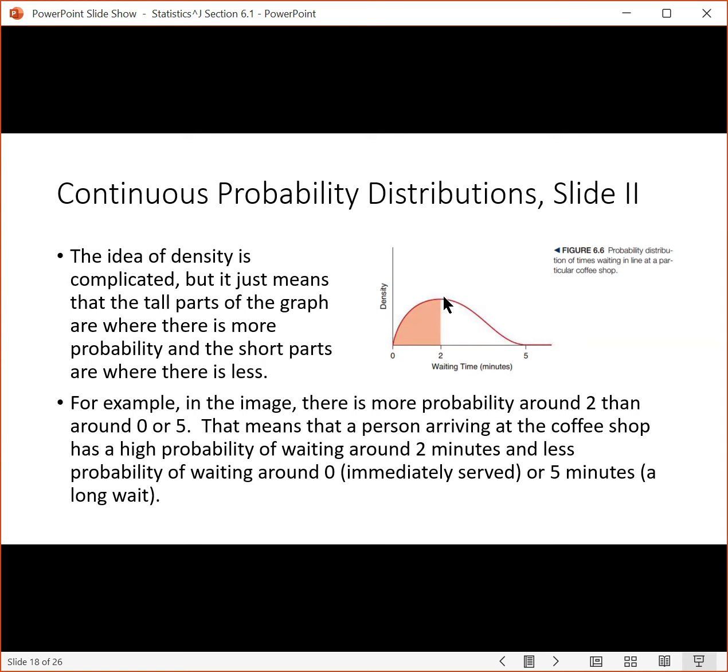It's going to have a high probability of waiting where the graph is tallest. That's going to be where the probability is highest. Okay, and they're going to have less probability of waiting the places where the graph is short. So less probability that you just walk in and immediately get served, or that you end up having to wait 5 minutes, the longest period of time in the graph.